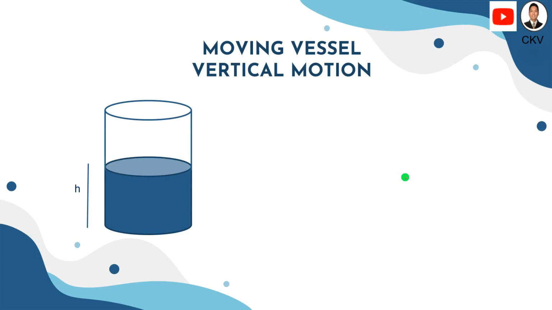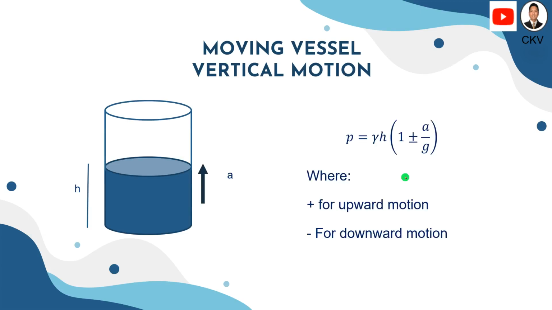Okay. For a moving vessel in vertical motion, we use this solution for determining the pressure at the bottom: gamma h multiplied by 1 plus or minus a over g.